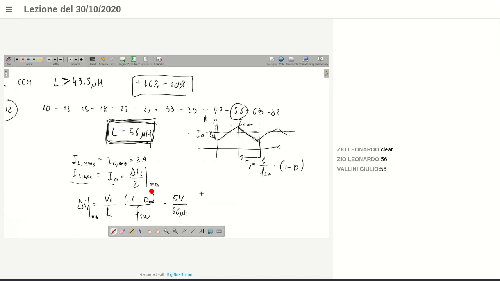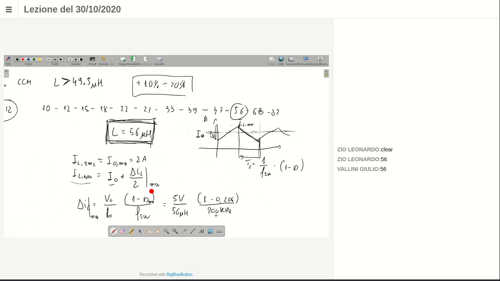Here we have chosen the minimum duty cycle, so this is 1 minus 0.208. This is the minimum duty cycle that we have obtained before, and 200 kilohertz is the switching frequency.